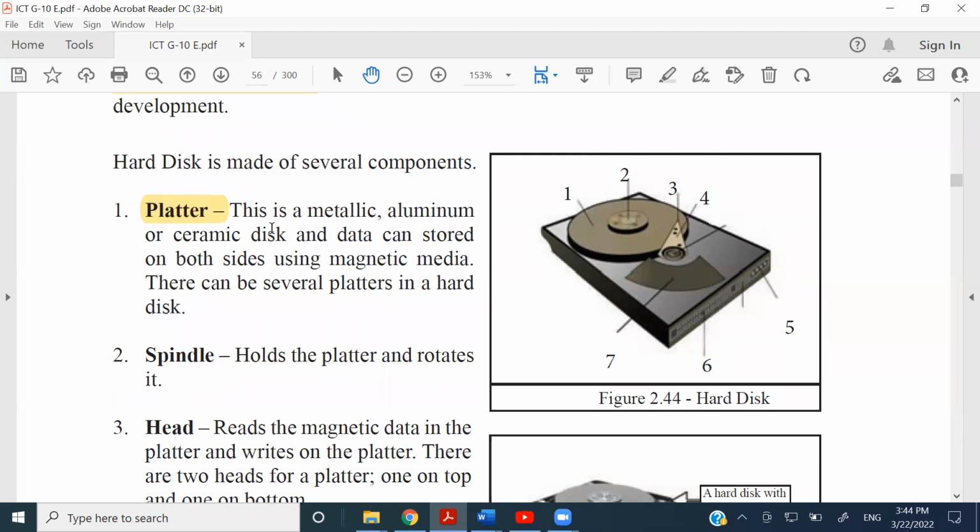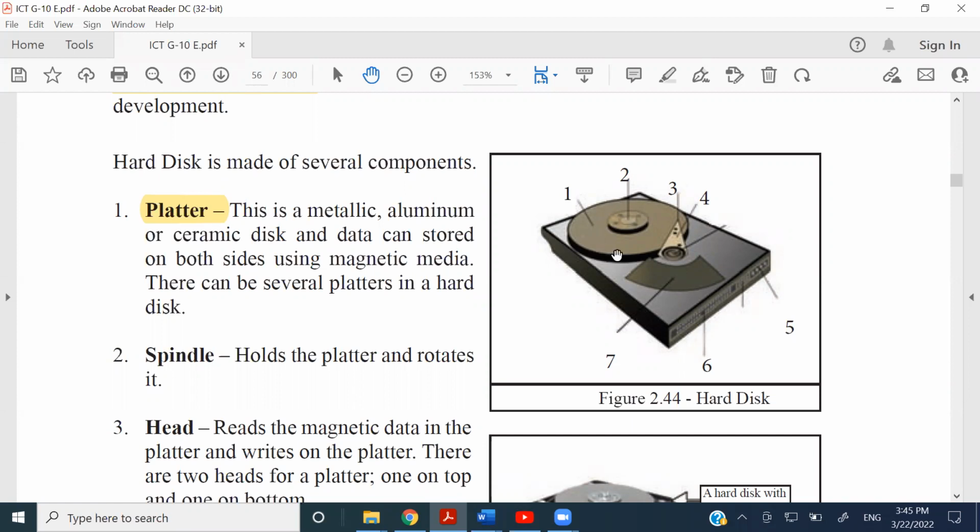And I think you can remember the video that we saw last week. So platter means this, I told you there is a component which is something very similar to a CD. The difference between a platter and a CD is that a CD can write on only one surface, while a platter can write the data on both surfaces, right?